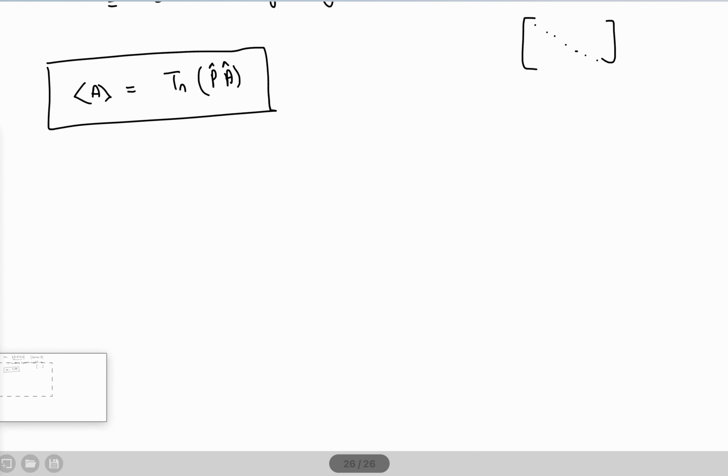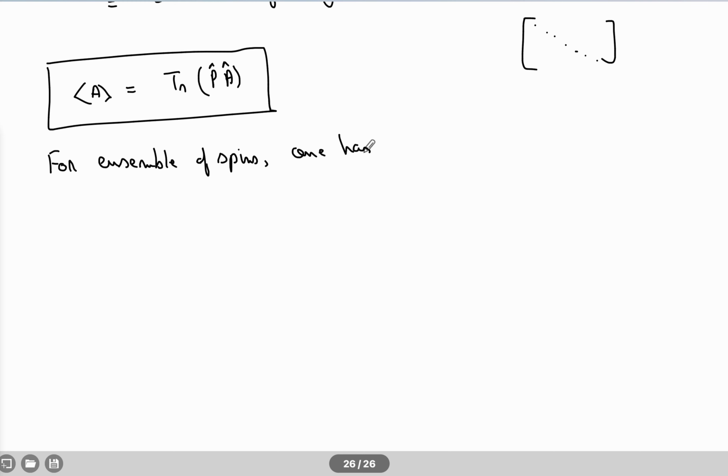Now, because this is for a single spin case, for an ensemble of spins one has to take an ensemble average. The ensemble average is represented as a bar on the top, right?